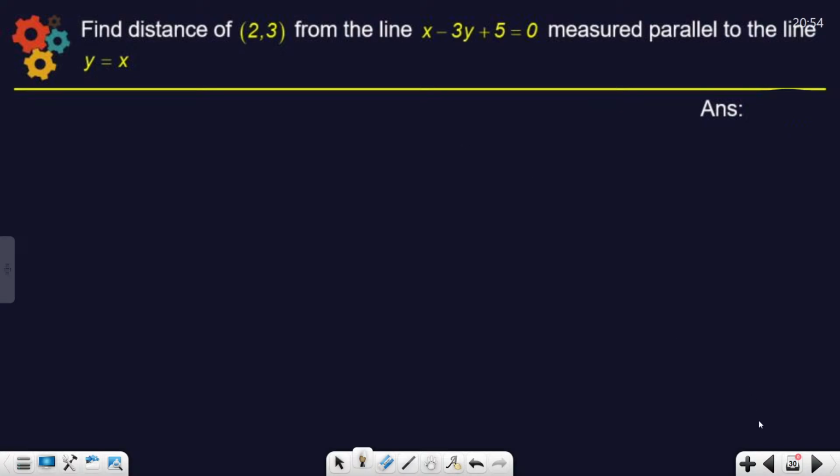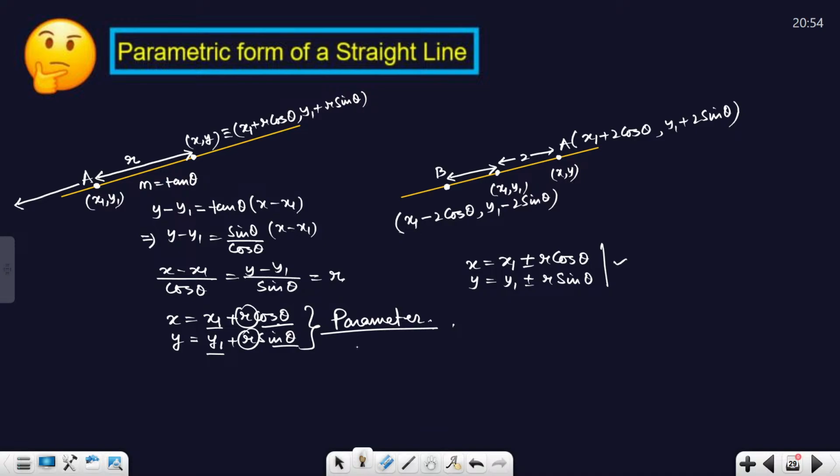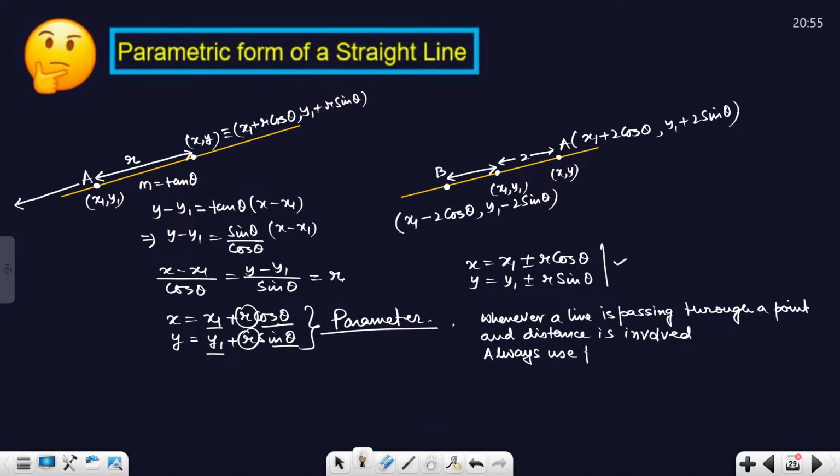See, one thing let me just tell you before this, that whenever you find that a line is passing through a point and distance is involved, always use parametric form.